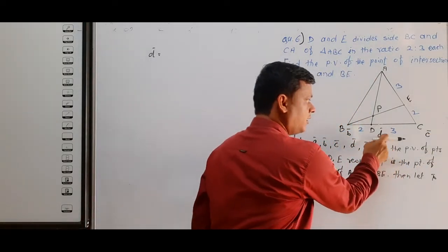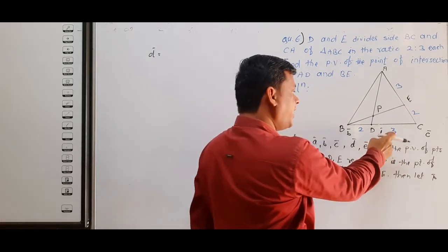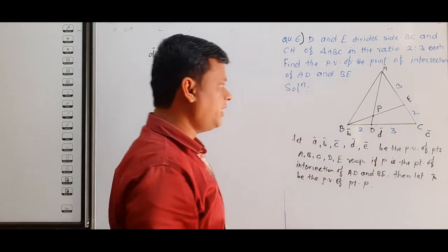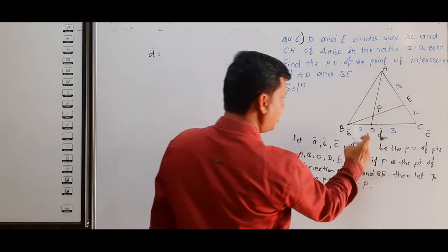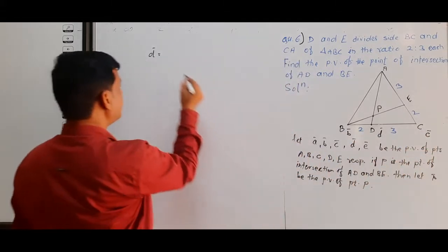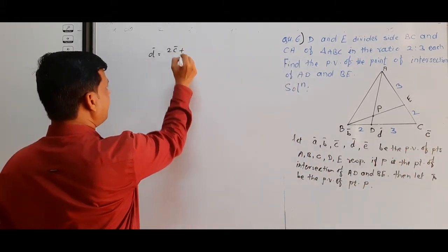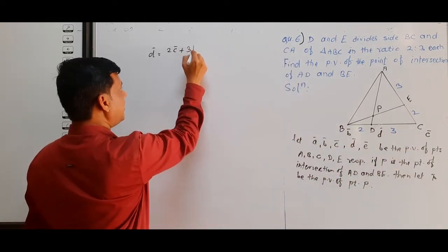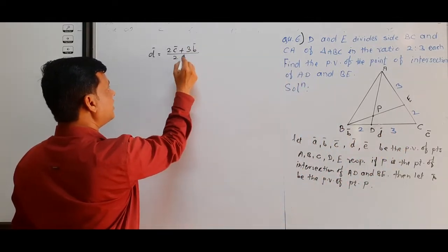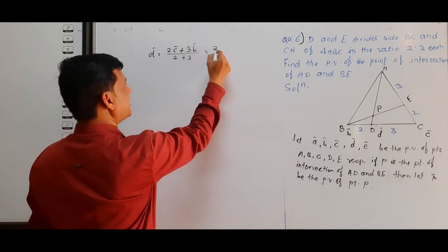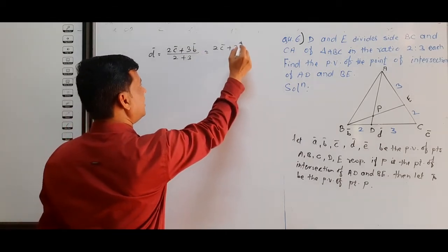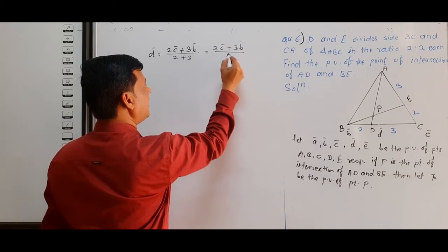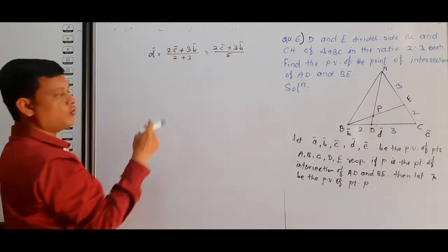So we calculate the position vector of point D by using the section formula for internal division. So we write here 2 into C bar plus 3 into B bar upon 2 plus 3. So we write this as 2C bar plus 3B bar upon 5. So transfer this 5 to the left hand side.